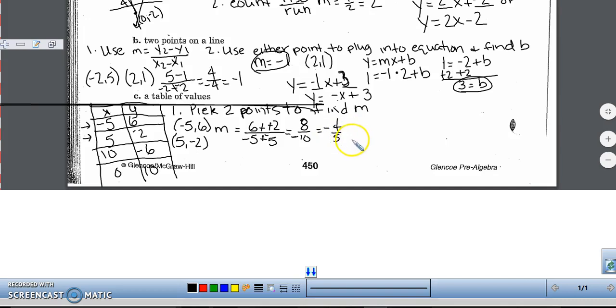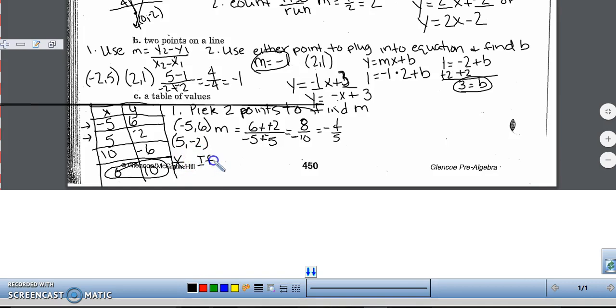Doesn't matter if the negative's on the top or the bottom, or if it's out in the middle. And then once that, I will find the b by plugging in the points like I did up here, or look in this table.